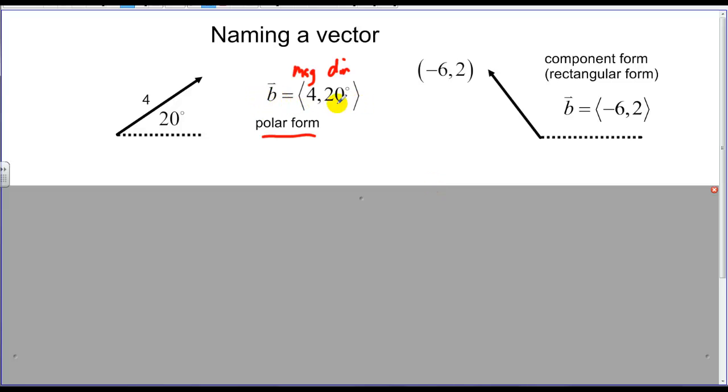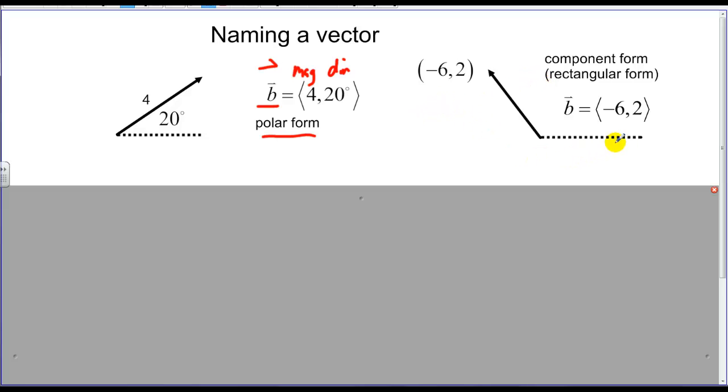Notice the bracketing that takes place. It's not parentheses. Parentheses indicate points. These brackets indicate it's a vector. Notation for vectors is this half arrow, if you will, above a letter. Now, you'll notice this guy's in polar form because it has an angle. This is in what's called component or rectangular form.